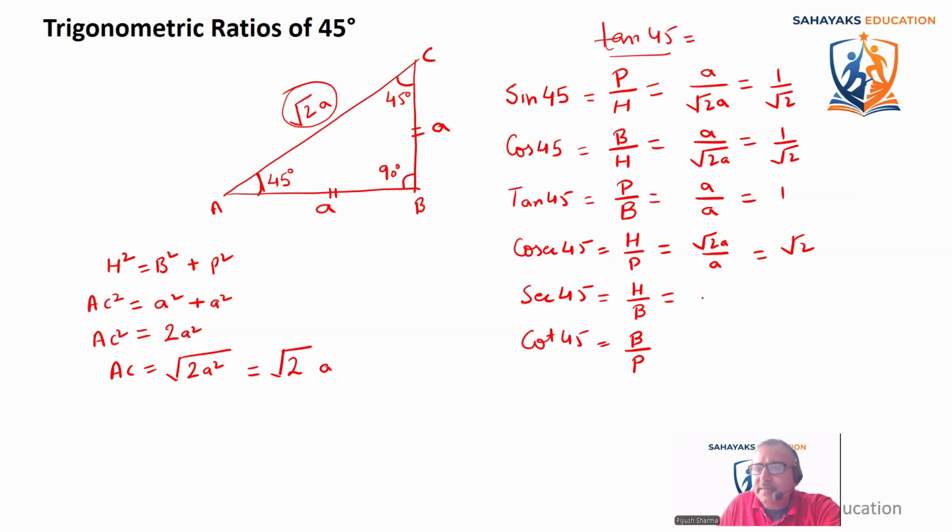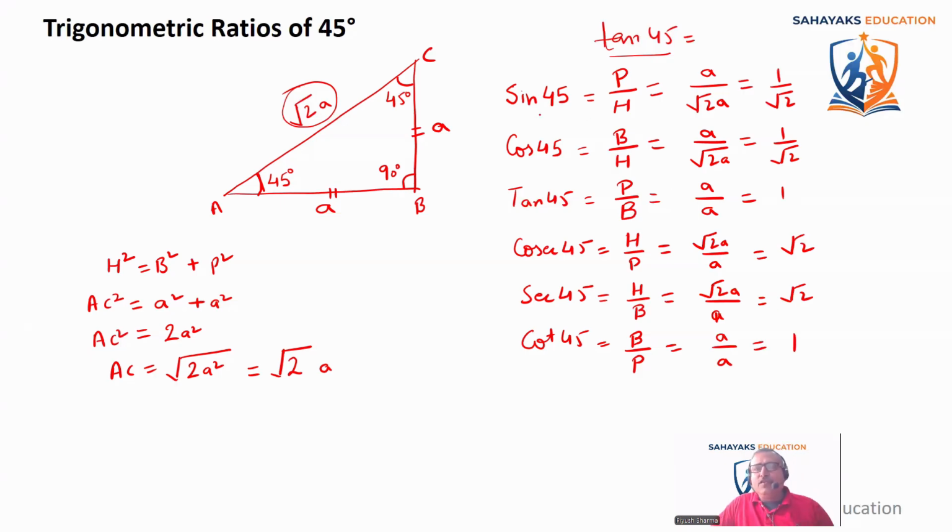Same goes with sec. It's again hypotenuse divided by base, that is A, so it comes out to be again root 2. And when we talk about cot 45, the reciprocal of 1 is 1, so it will also be 1. Let's check with the ratio: base was A, perpendicular was A. Again, it will be 1.